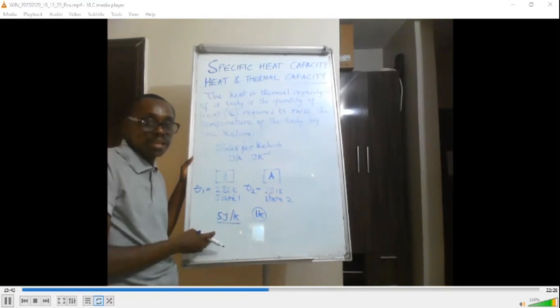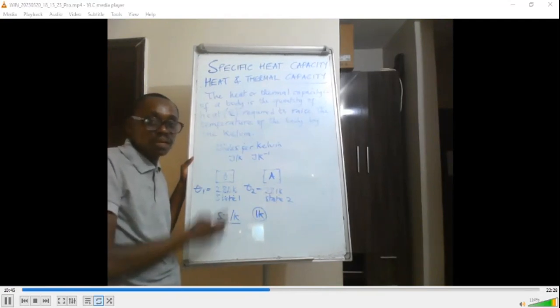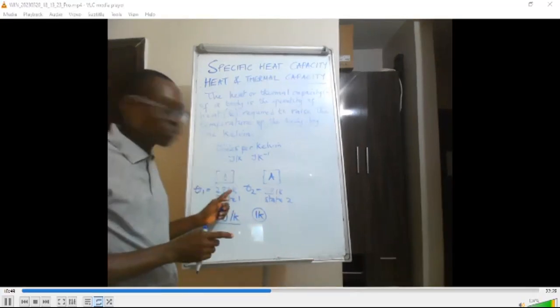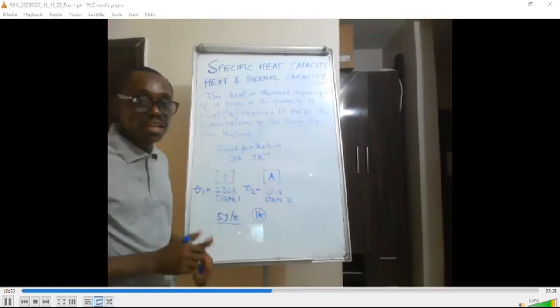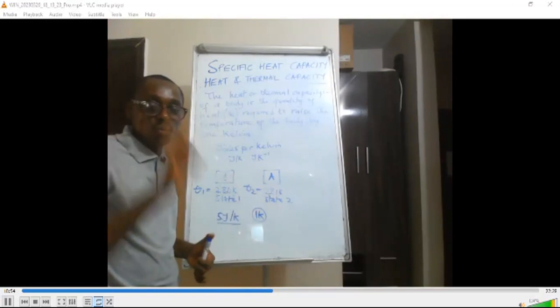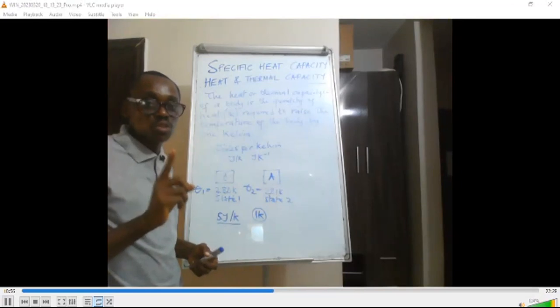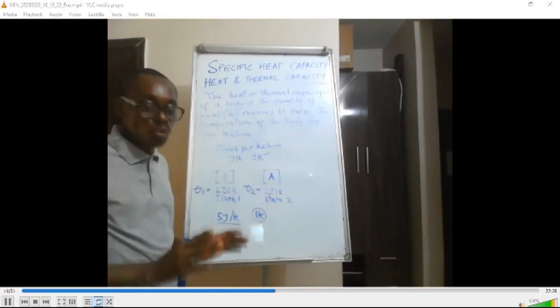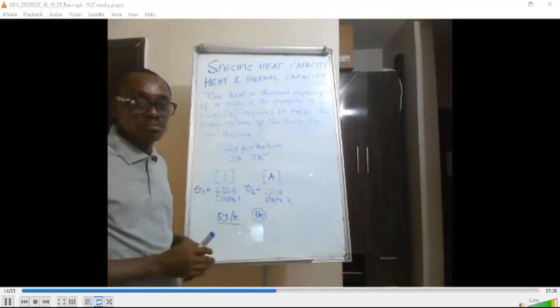The heat capacity of body A is what? 5 joules per Kelvin, because for the temperature to increase from 280 to 281, I just added 5 joules of heat. So the heat capacity, or thermal capacity, is 5 joules per Kelvin.